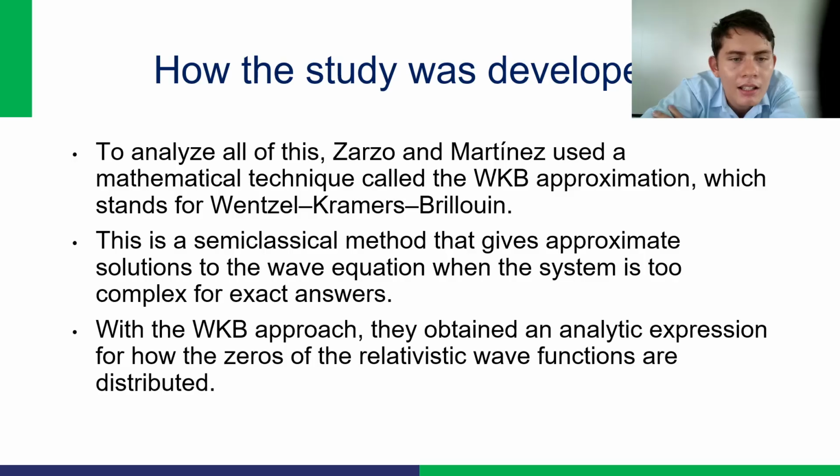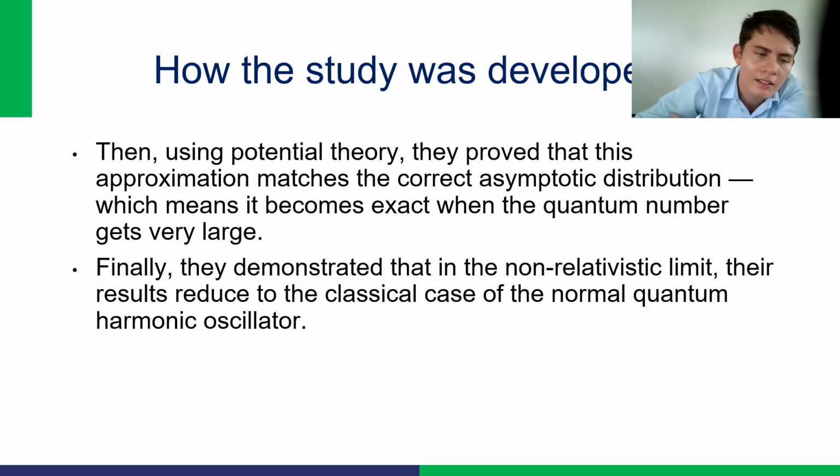This is a semi-classical method that gives approximate solutions to the Schrödinger equation when the system is too complex for exact answers. With the WKB approach, they obtain an analytic expression for how the zeros of the relativistic wave function are distributed.